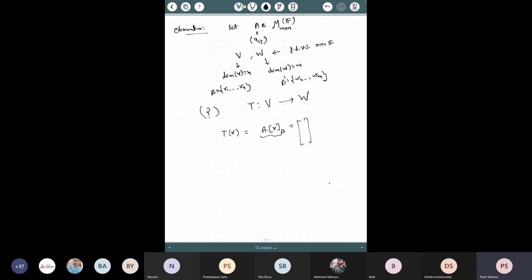But elements of W may not be of this form. We need to do something more.